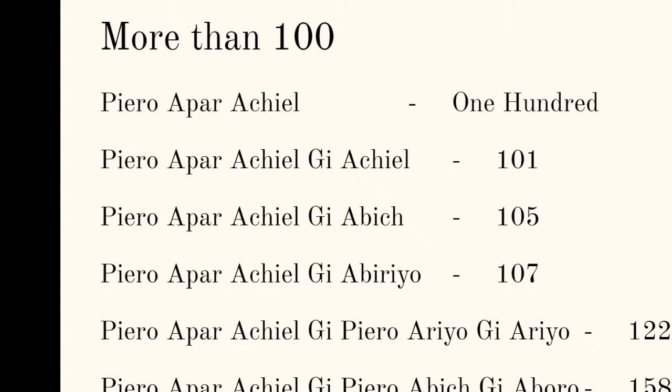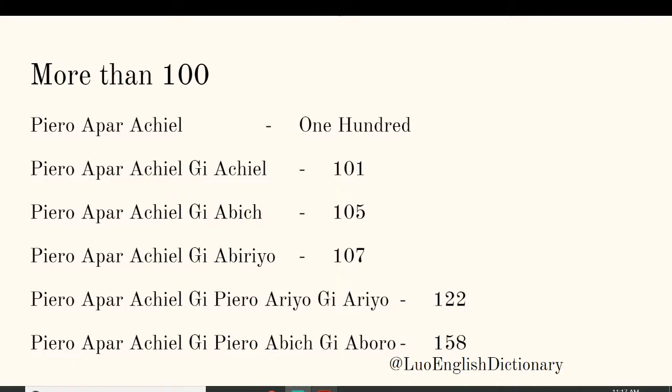That is the correct word. So we are so much used to saying mia achiel until some of us have grown up thinking that mia achiel is correct Luo. So Piero apar achiel is 100, and then Piero apar achiel gi achiel.